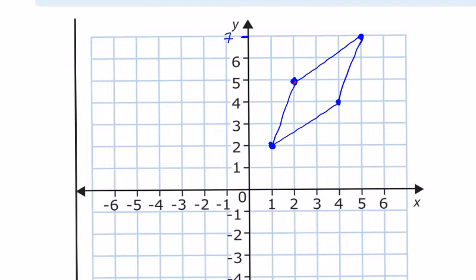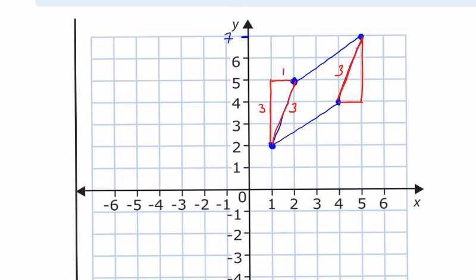So the slope of this line is positive. You can see the rise is 3 over the run, which is 1. So the slope of this line is 3. The slope of this line here, my rise is 3 and my run is 1, so the slope of this line again is 3.